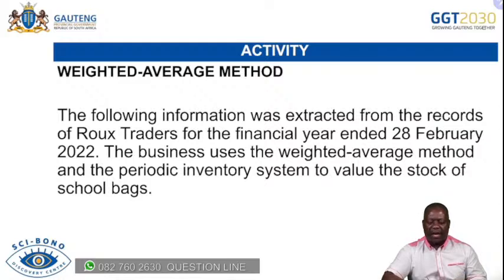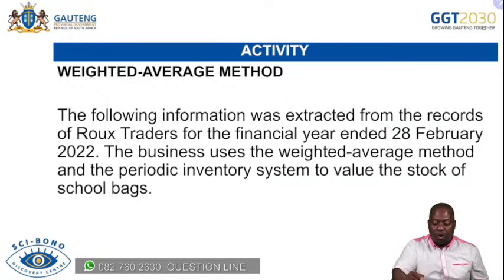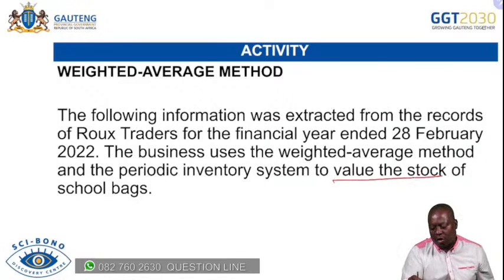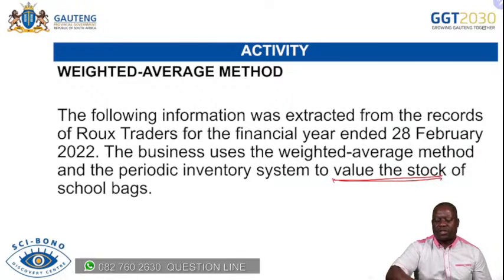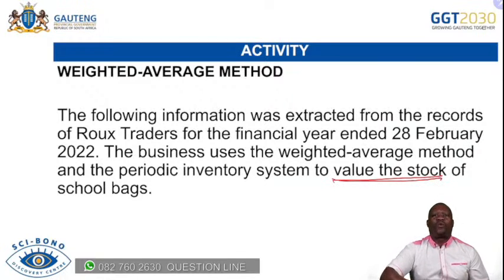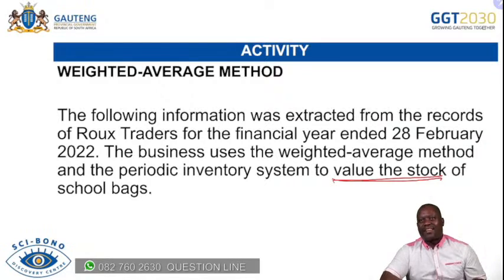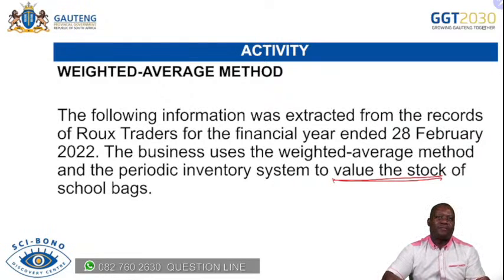So we want to find the value of closing stock of school bags. So you see, different methods, we find different closing stock differently. We don't use the method the same way. Each method tells us how to value our stock.